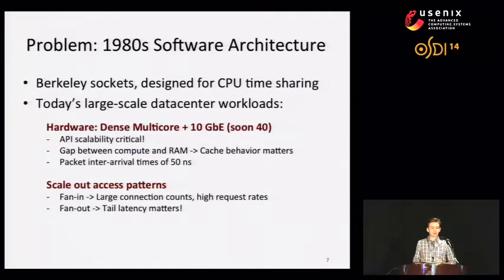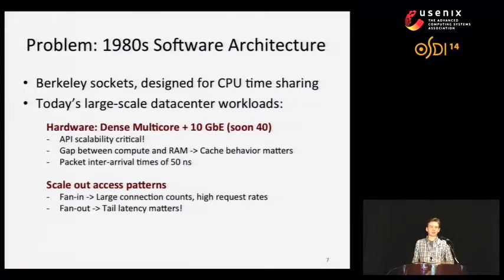But if you look at today's large-scale data center workloads, the motivations are very different now. And so let's talk about two of those issues. The first is hardware has impressive performance. We have really dense multi-cores, 16 cores and beyond, 10 gigabit Ethernet, 40 gigabit Ethernet soon. And so this means that we've got new types of constraints that didn't previously exist.